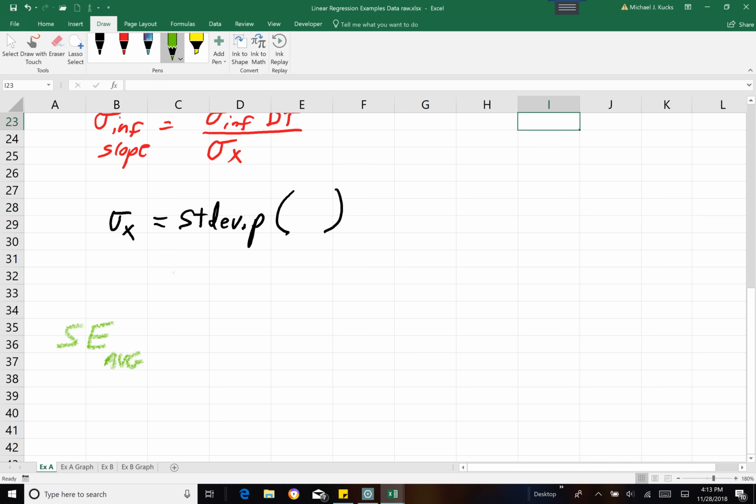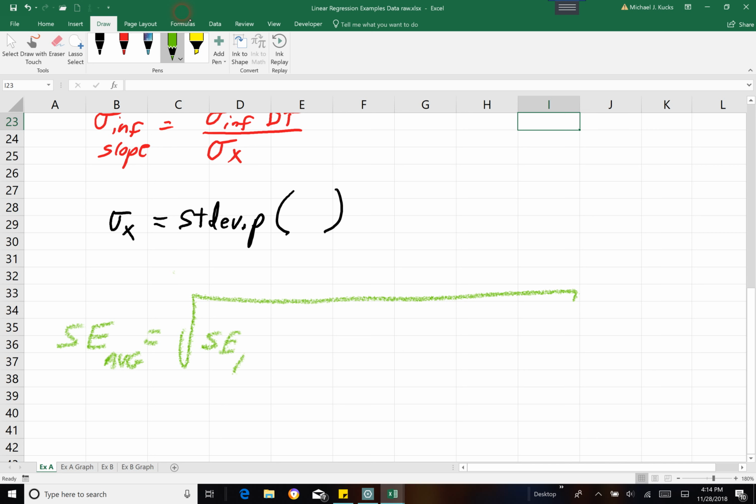This is going to be the SE of averages. The standard error, the total standard error that we're going to get when we deal with averages. Remember we said that the pivot point is a representation of an average and the slope error is a representation. The slope is a measurement of averages. And so if we're going to get a standard error taking into account all of these average measurements, these standard errors, it'll look something like this. We're going to add like Pythagoras, so we got a square root.